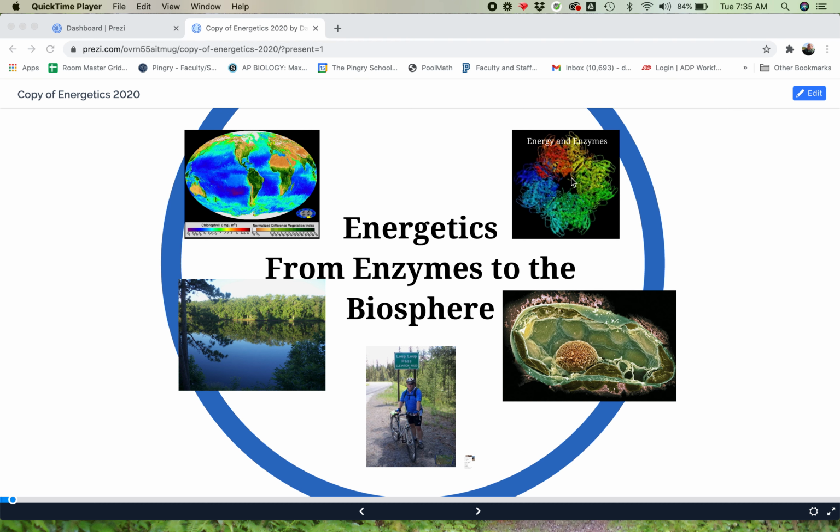This right here is an enzyme. It's actually Rubisco, which is involved in taking light energy and harvesting it for food, to take carbon out of the atmosphere and turn it into food. So the overall theme really is energy and how does it move.